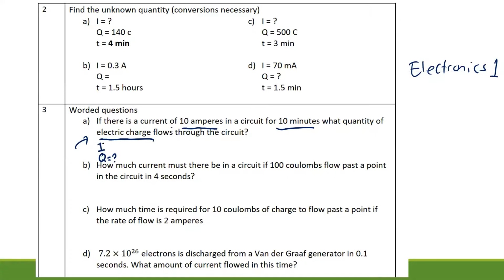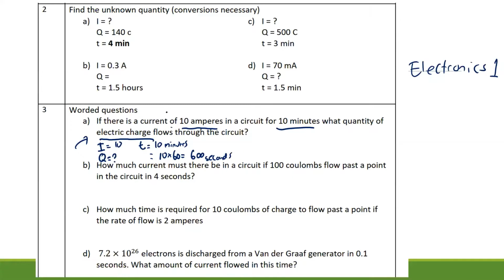We have I. It told us I was 10 amps. And we have the time. The time is given to us as 10 minutes. But we can't use minutes. We have to use seconds. So 10 times 60 is going to be 600 seconds.